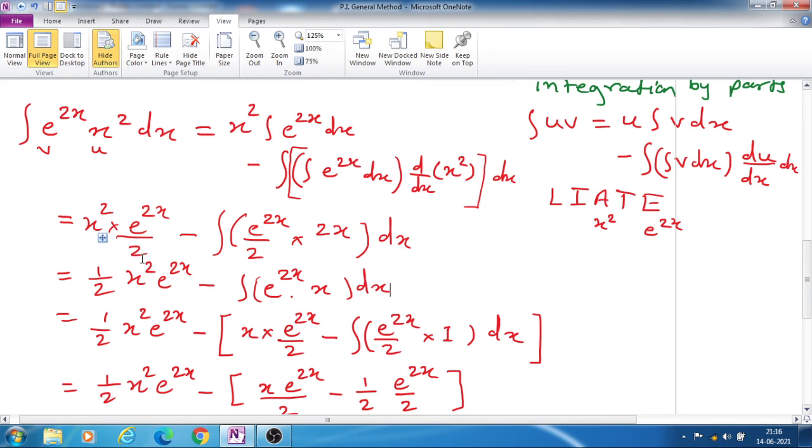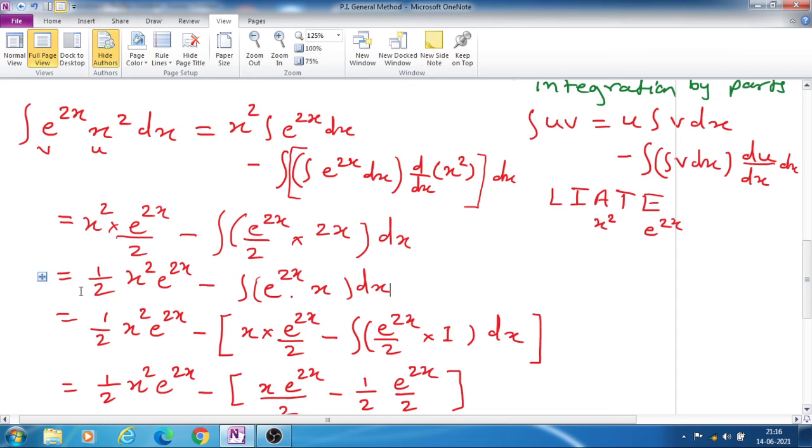Minus, now again in the integration, this is the integral of e raised to 2x, again e raised to 2x upon 2 into d by dx of x square. The derivative of x square is 2x, therefore the multiplication of these two into dx.